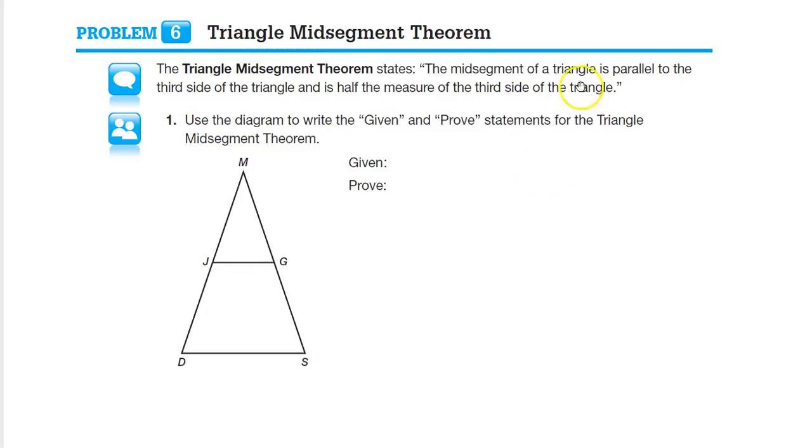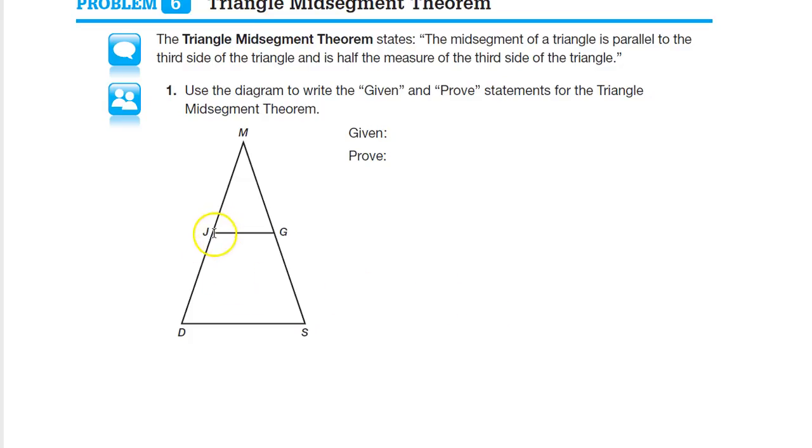The triangle mid-segment theorem says that if you find the midpoint of this side and you find the midpoint of that side and you create a segment that connects those midpoints, that's called a mid-segment.